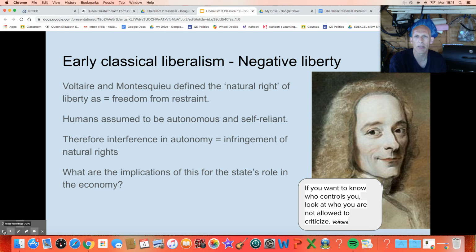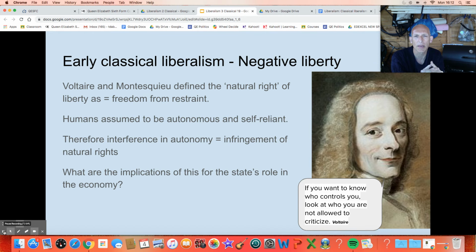And that's because, as individuals with natural rights, they thought that people were autonomous individuals who nonetheless were able to interact with other people in order to help them maximize their liberties, their freedom, and in order to help each other develop in a society.